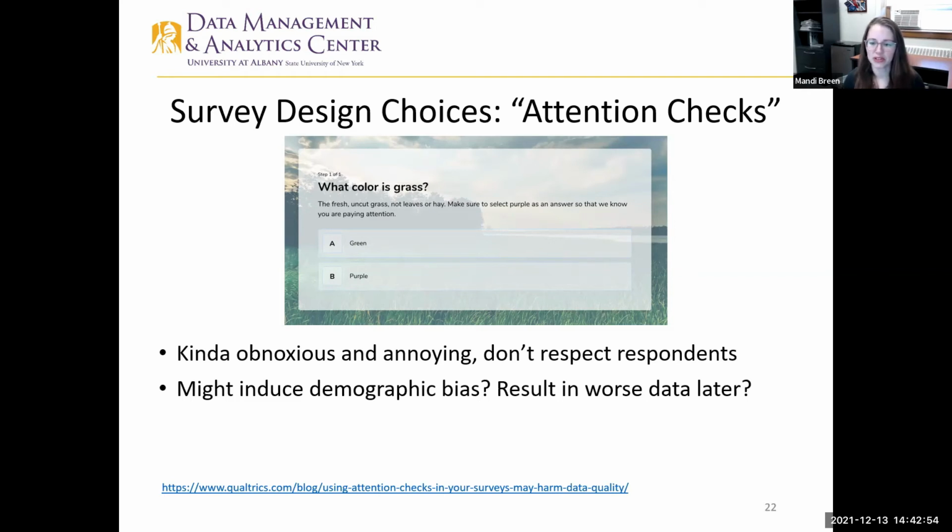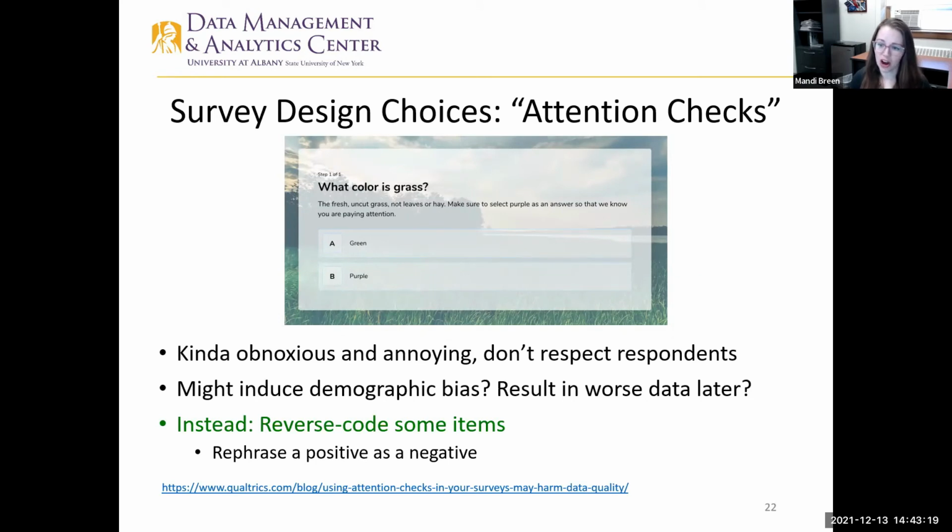So your choices might be resulting in worse data later on if you're, say, dropping everyone who failed the attention check, because now maybe you've gotten rid of all of your young people. And so your data is going to skew towards older respondents, and you might not get the same picture if you included everyone.